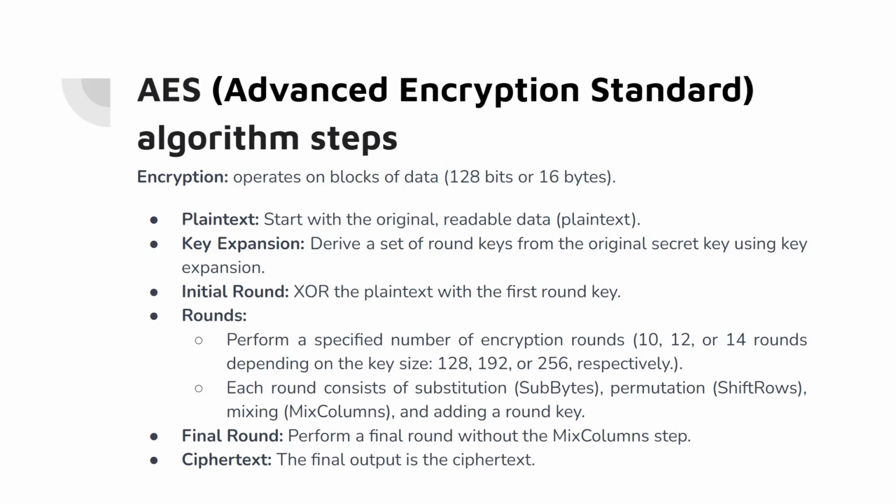There is a different number of rounds for each. For the 128 key size, there are 10 rounds. For the 192 key size, there are 12 rounds. And for the 256, there are 14 rounds.